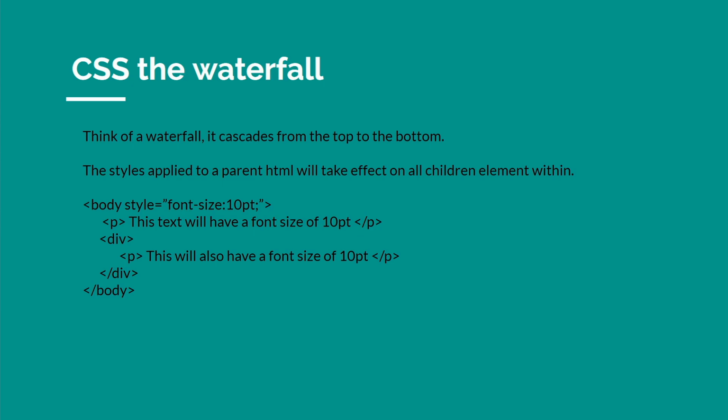If we talk about CSS, we need to think about a waterfall. Remember, it has that cascading in the name. So what that means is that your CSS, your styling, gets transferred to the children elements. In other words, the styles that you apply to the parent HTML element would affect all the children elements within it. An example here is that you have the body, and then you style the font size to 10 pt, 10 points.